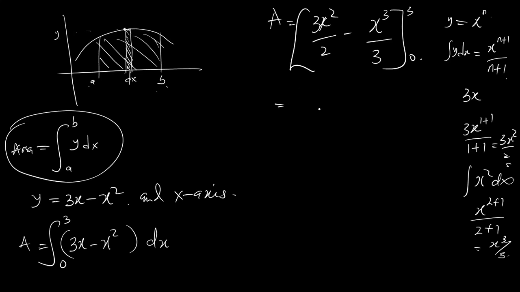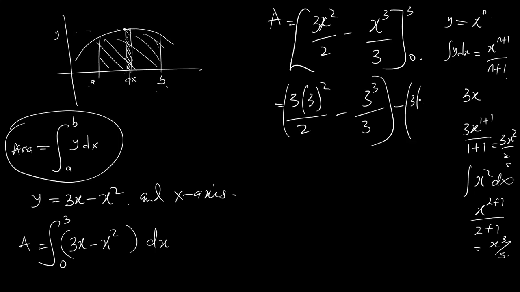Now to find the area, you have to substitute 3 and 0. So 3 times 3 raised to power 2 over 2 minus 3 cubed divided by 3, minus 3 times 0 raised to power 2 divided by 2 minus 0 cubed divided by 3. The whole of this is 0.